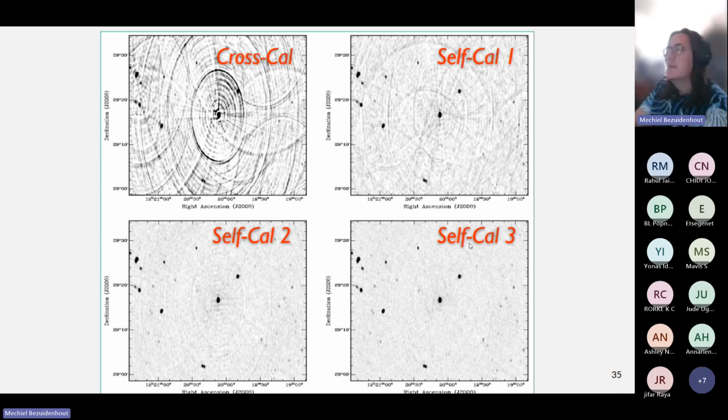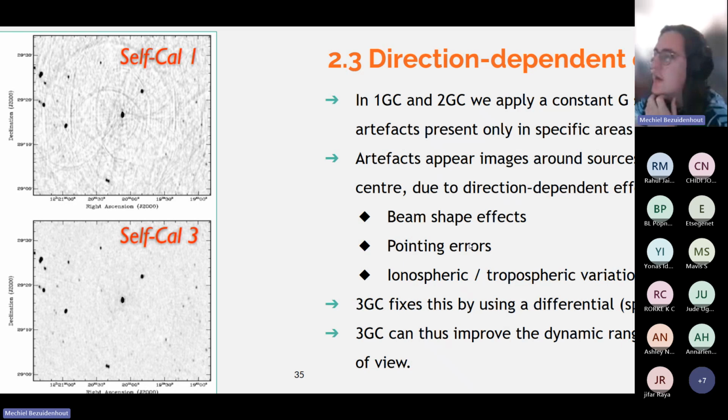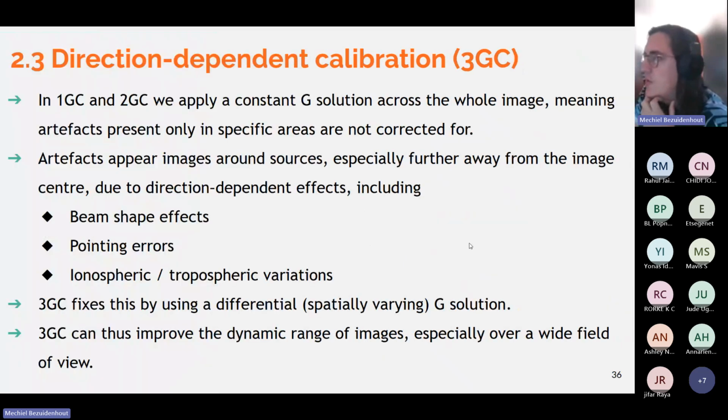And then there's a third kind of calibration that you can do, which is called direction-dependent calibration with 3GC. And this comes from the fact that in 1GC and 2GC, we apply a constant gain solution across the whole image. So the whole image gets the same calibration solution, right?